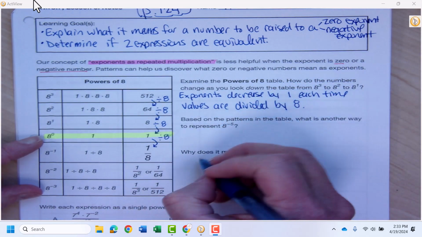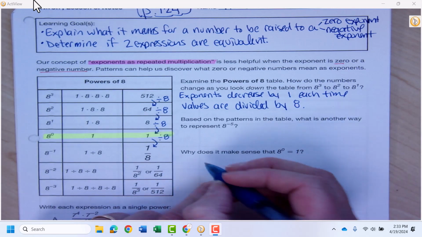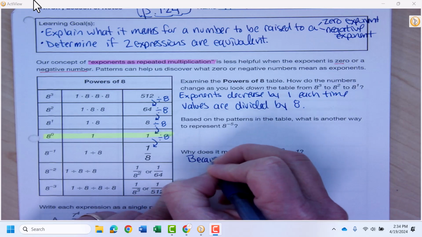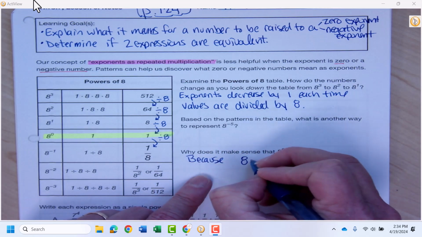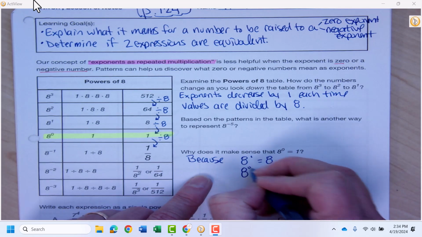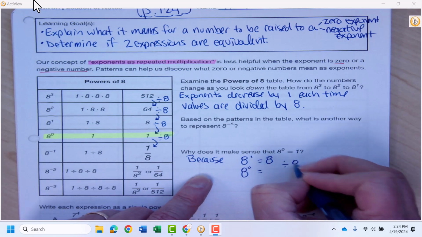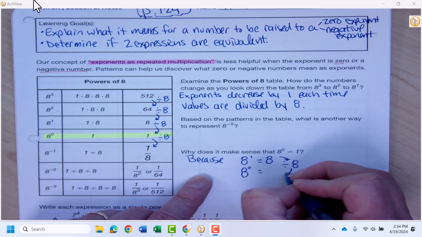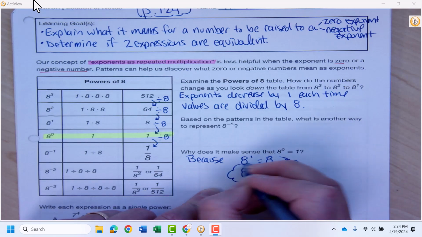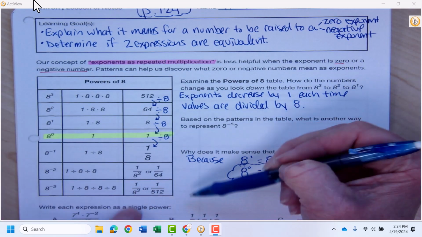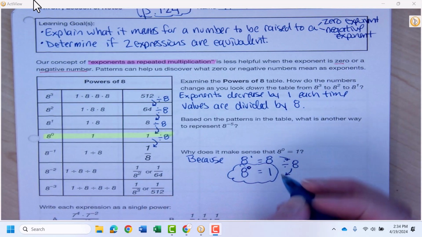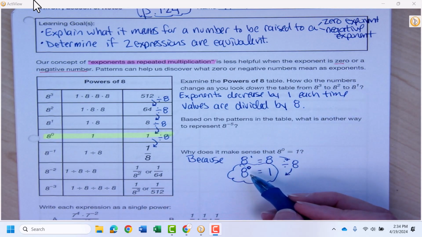So I'm going to say, because 8 to the first power is 8, if I'm dividing by 8 each time, then 8 to the 0th power must be 1. So it's that division that's happening that helps us to understand that anything, it turns out, that's raised to the 0th power is equal to 1.